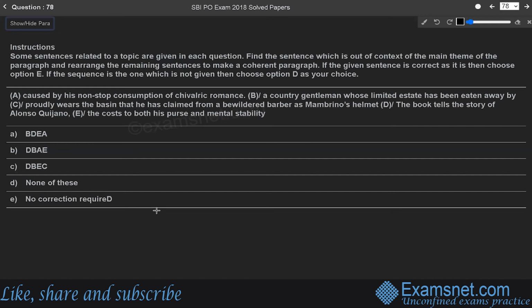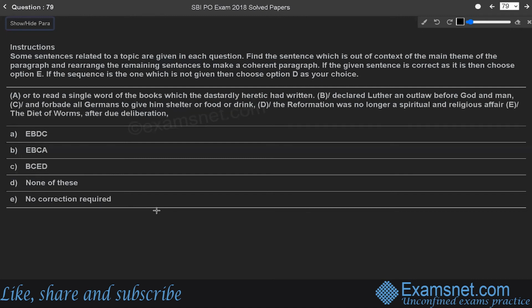So D, B, E, and A form a coherent sentence. Fragment C is out of context and should be excluded. Therefore, out of all the given options, we can say that the correct option will be none of these, which is option number D here, as we know that D, B, E, and A is the coherent sentence.